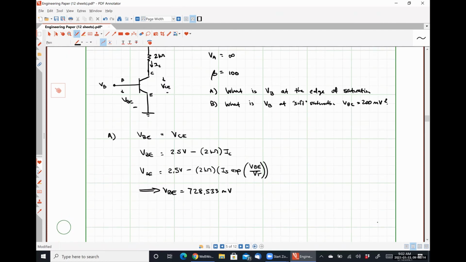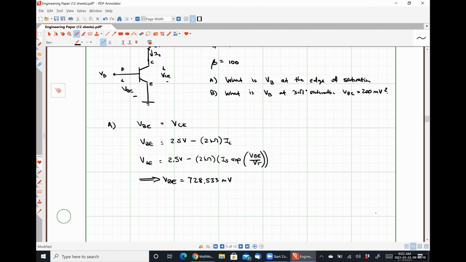In soft saturation, we will have VBE is equal to VCE plus VBC.